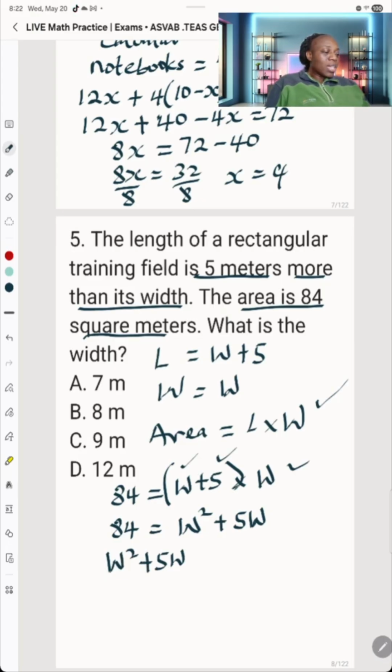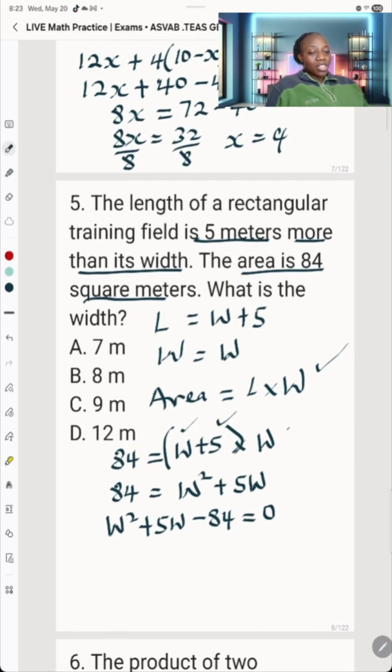This is going to be minus 84 equal to 0. Now that is a quadratic equation. We want to find the factors. We can say a, b, c.